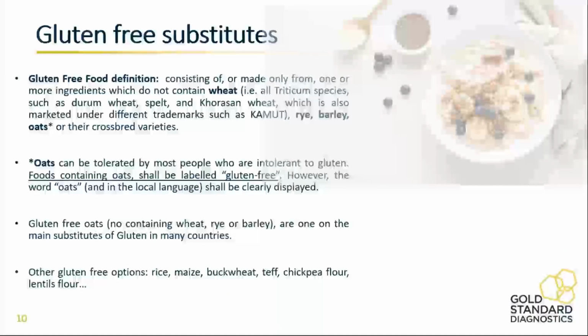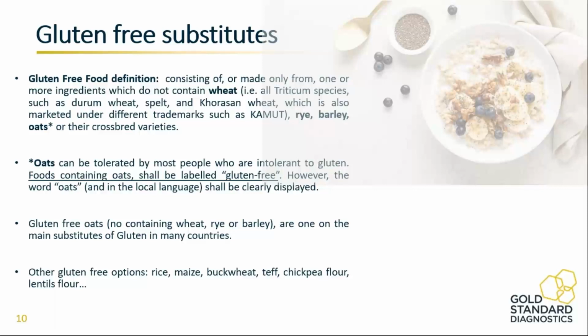As an official definition, a gluten-free food consists of or is made only from one or more ingredients which do not contain wheat, rye, barley, or oats. As you can see here, with wheat we also include all the triticum species, such as durum, spelt, khorasan, etc. In the case of oats, we find a specific case, because oats can be tolerated by most people who are intolerant to gluten.